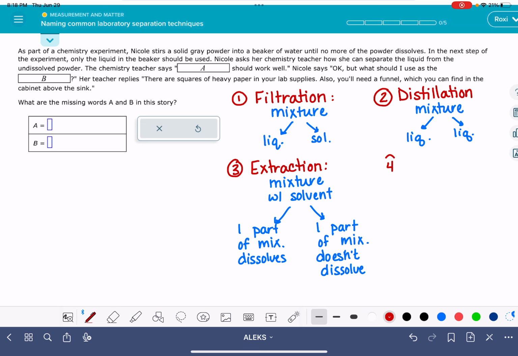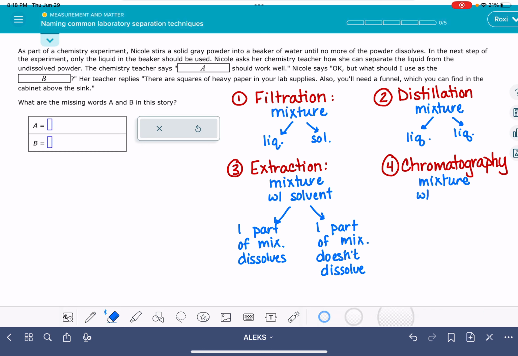And then last but not least, the hardest one to describe is chromatography. And chromatography is when we take a mixture. Again, it is put with, or I think maybe I'm going to say on a substance. So a lot of times it's put onto a particular type of paper.